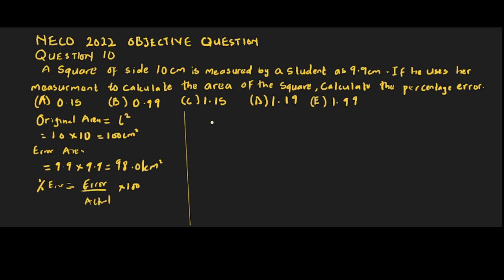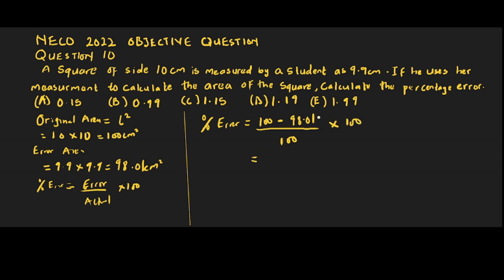Now, our percentage error is going to be the error, which is 100 minus the error area, 100 minus 98.01, all over the original, which is the actual, which is 100, times 100.